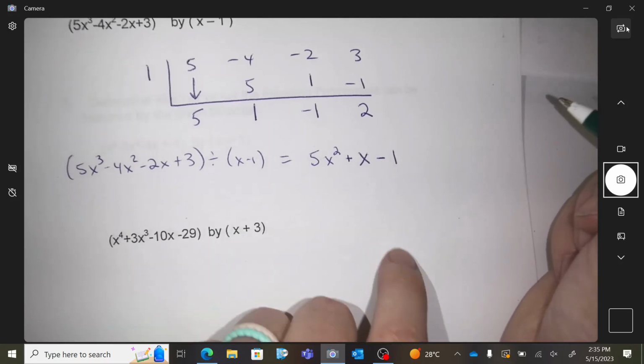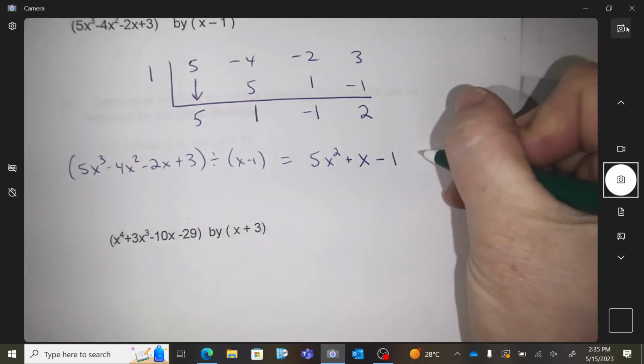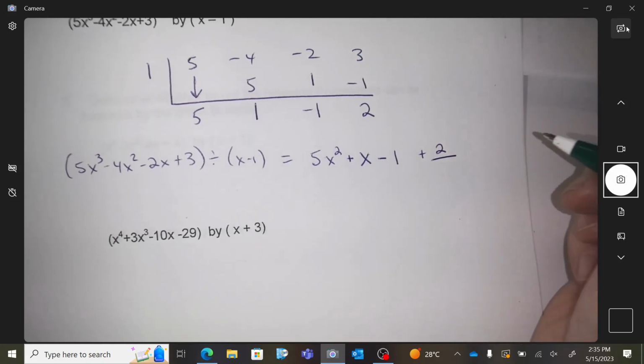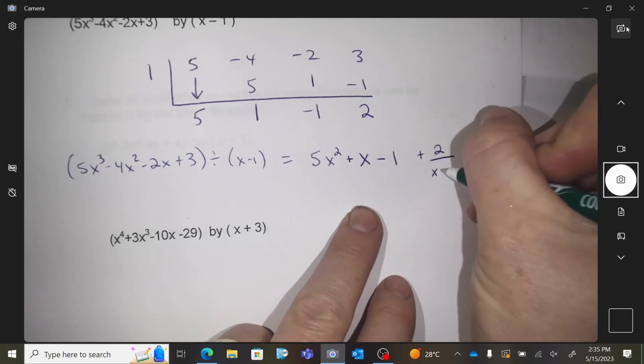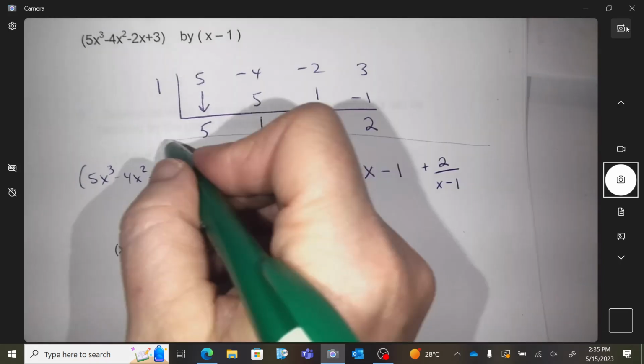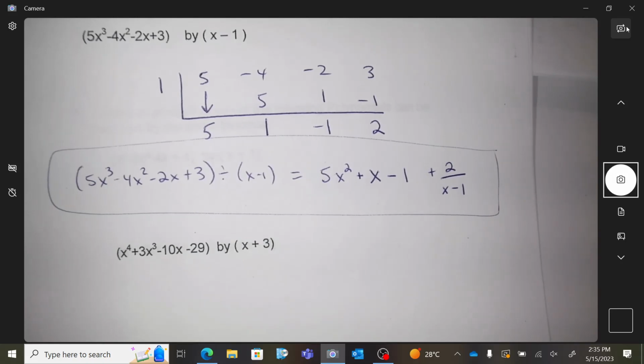Then this is always the remainder, so we're going to write it as a fraction. So plus 2 over, you remember where you grab that from? X subtract 1. So on this one, I'm asking for the whole statement. So that's the whole division statement.